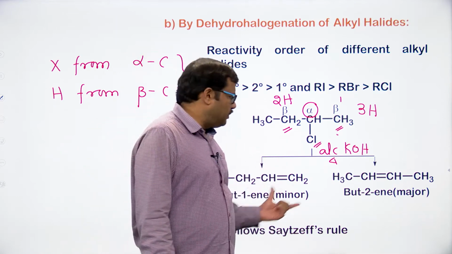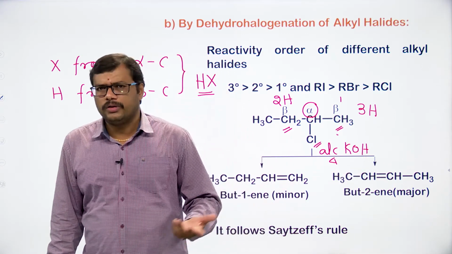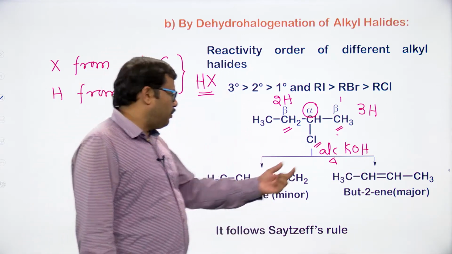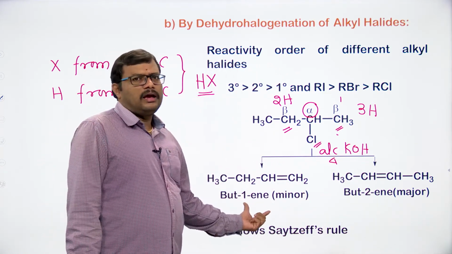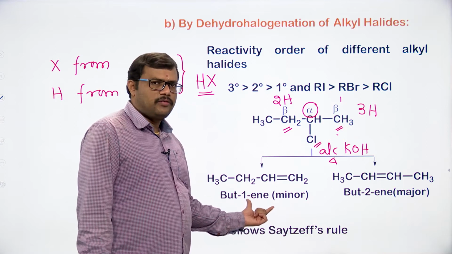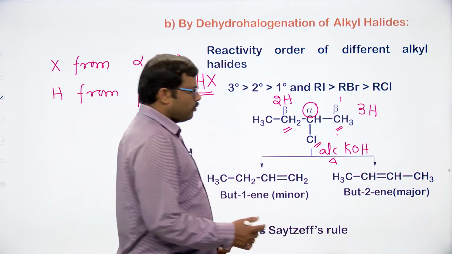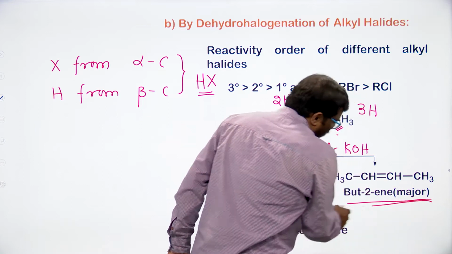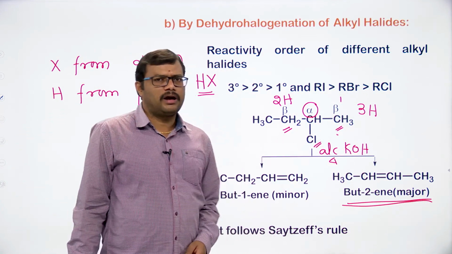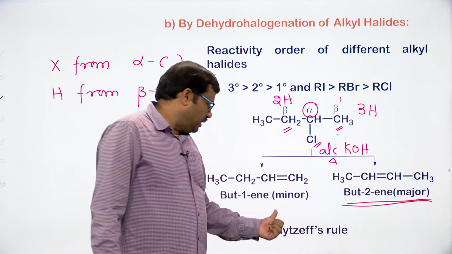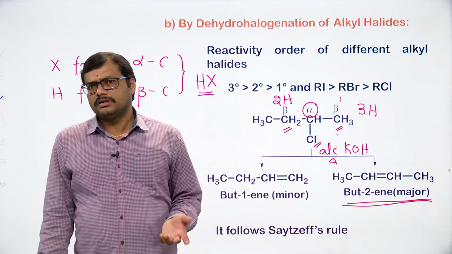If we observe the stability, 2-butene is more stable, because more hyperconjugative structures are possible here. When you observe the other one, the hyperconjugative structures are fewer, therefore the stability is less. Because of the greater stability, we get this compound as the major compound. This formation of the major product as the more substituted alkene is generally termed Saytzeff's rule.